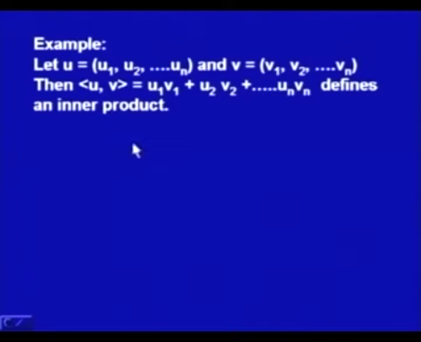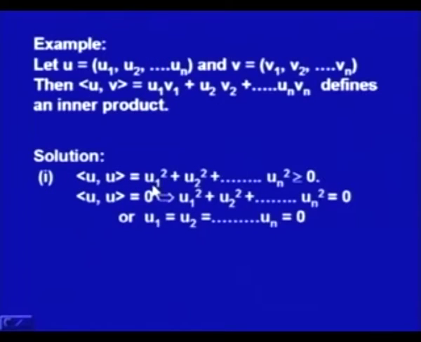It defines an inner product means we have to verify that it satisfies all the 4 properties which we have described just now. To start with, u comma u is u1 square plus u2 square plus ... plus un square, because we are taking u at both places. This is the inner product according to this definition, and it is a sum of squares of real numbers, so it is always non-negative. It is 0 only when u1 square plus u2 square plus ... plus un square is equal to 0.